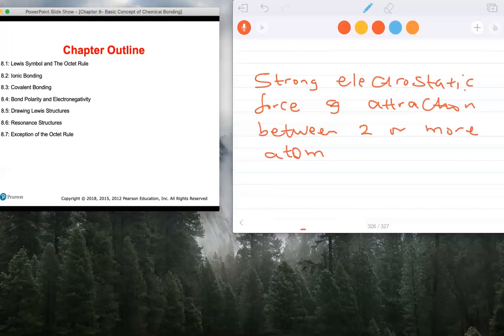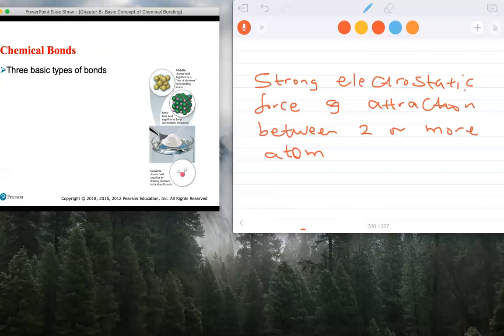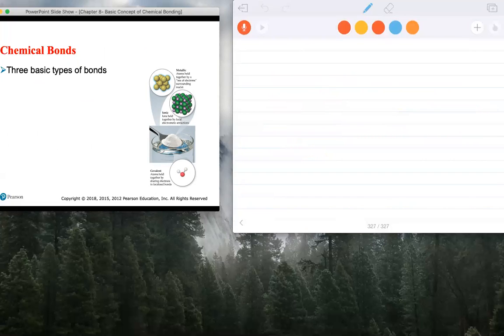We look at the exceptions to the octet rule towards the end of the chapter and wind up from there, chapter 8, move on to 9.